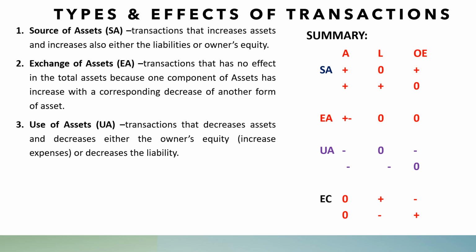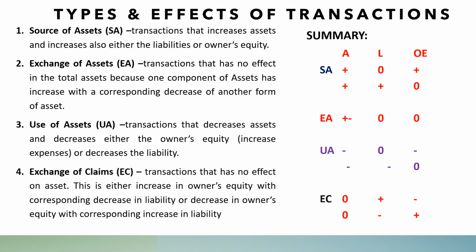The second case is that assets decrease with a corresponding decrease in liabilities and no effect on owner's equity. These cases will be illustrated in the later slides with examples of these types and effects of transactions.